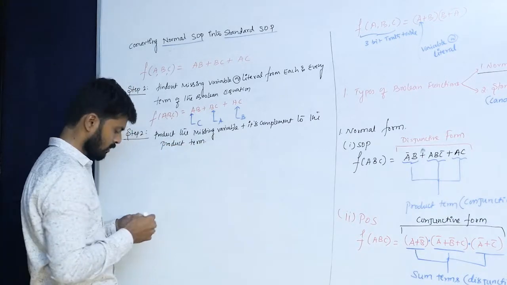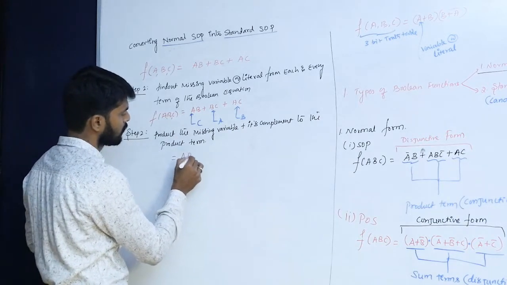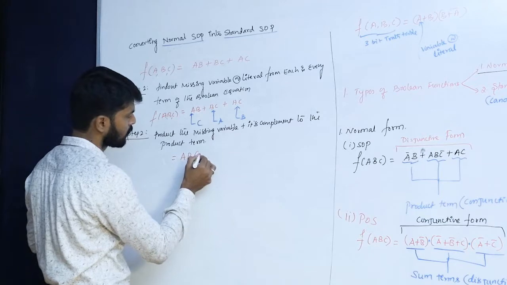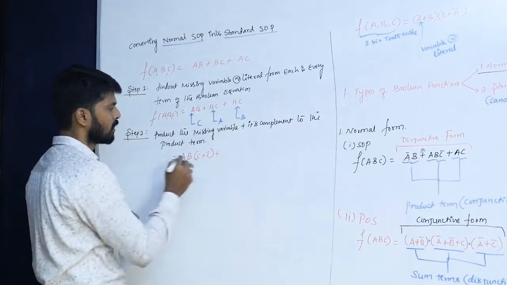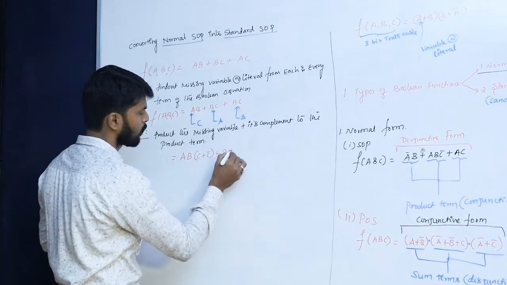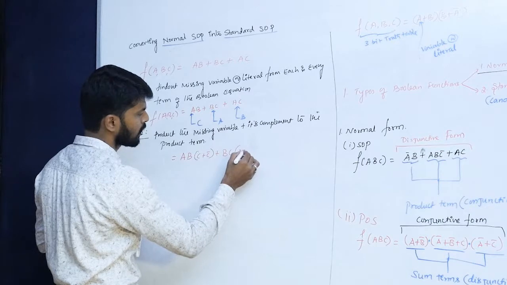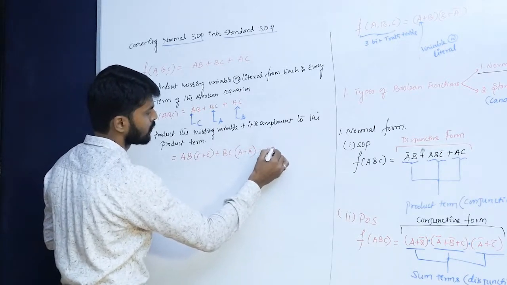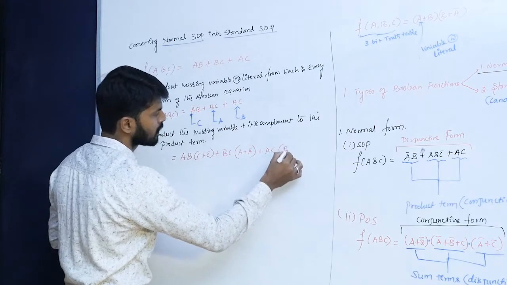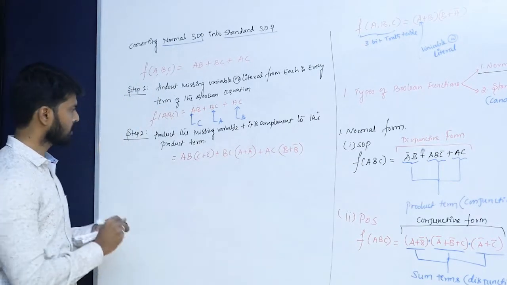So how to do that? For AB, the missing term is C, so we take C plus C bar. Next, BC is the product term. For this product term, we need to multiply the missing variable and its complement. Similarly for AC, we do the missing term and its complement. So next, step 3.